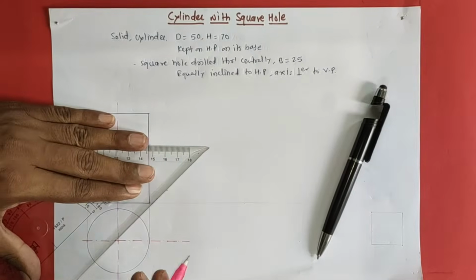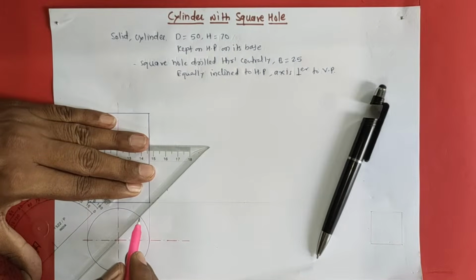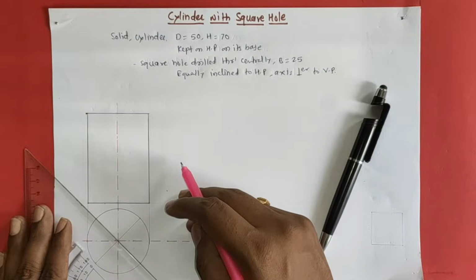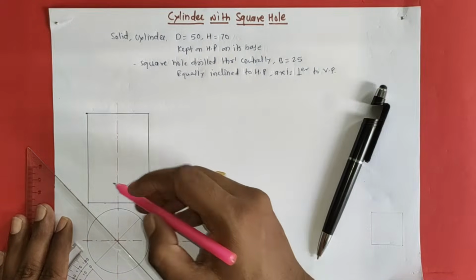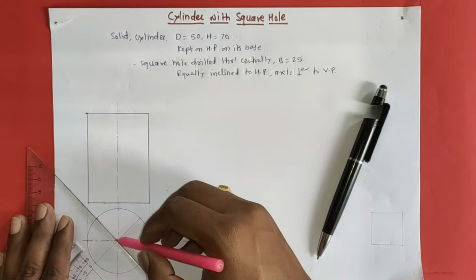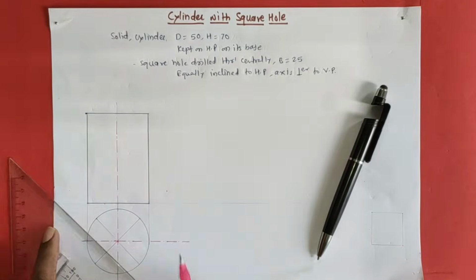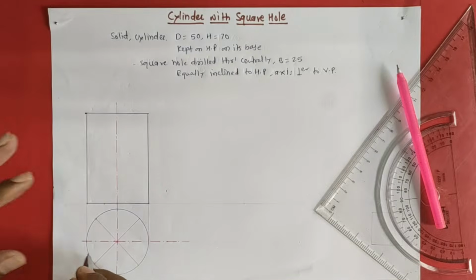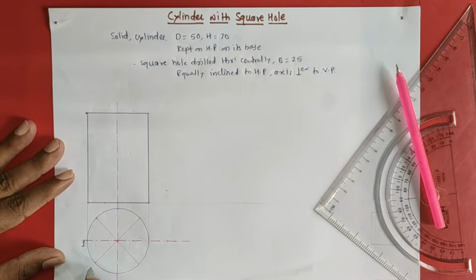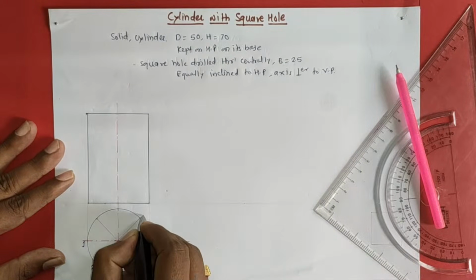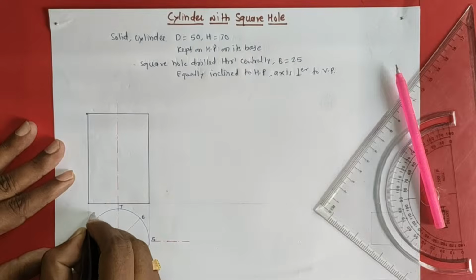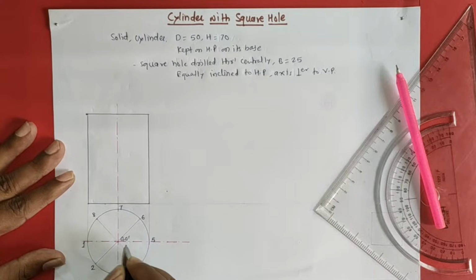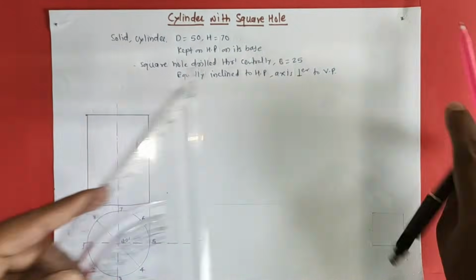Then join the center with faint lines. I have drawn a faint line with red color. Now name it from the left side: 1, 2, 3, 4, 5, 6, 7 and 8. Center O, O dash.